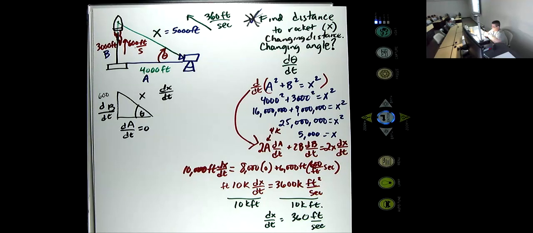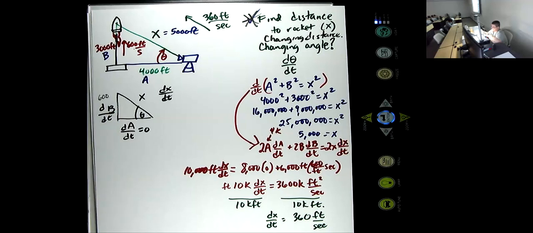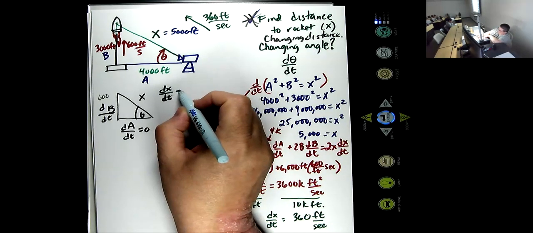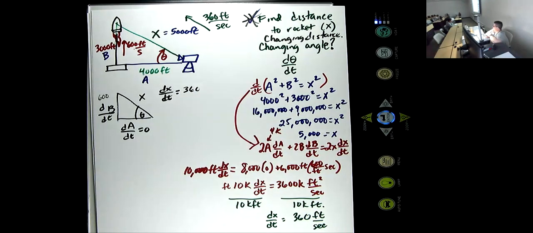So now we need to find d theta dt. So we need a relationship between these. Which trig function do you guys want to use? Sine, cosine, or tangent? We have all the speeds. First person that says it picks it.